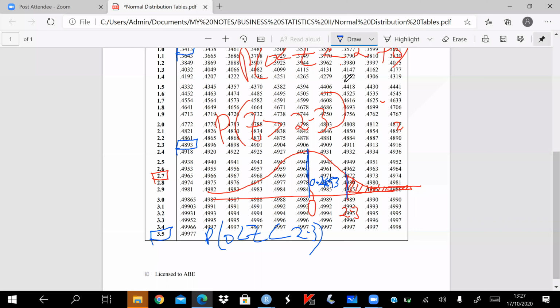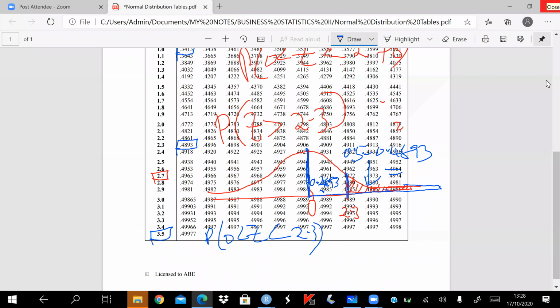But now we need the remaining area. So the remaining area here will be given by the total area from here all the way to infinity, which you know is 0.5, minus the area from here up to here. So the area shaded in red here will be 0.5 minus 0.4893. So the difference between those 2 values will be your required probability.